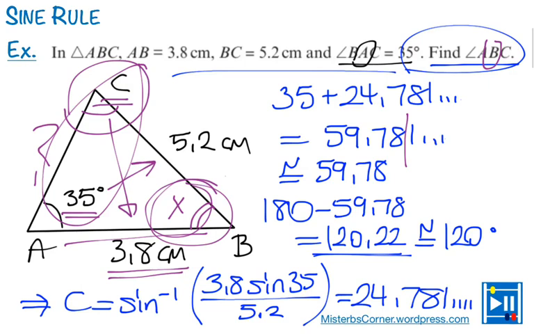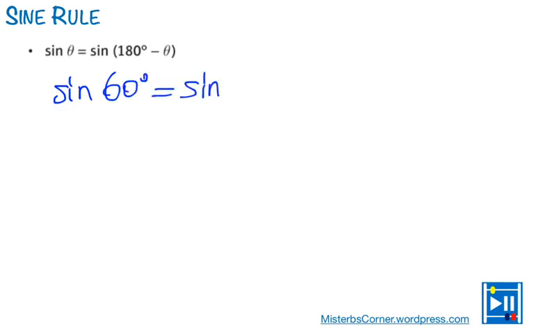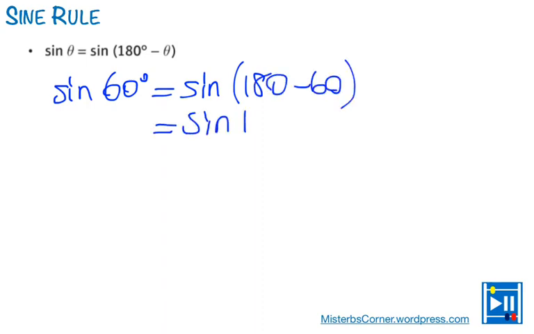Now, there's another point I'd like to mention. Sometimes you may end up with two angles where the sine of these angles gives you the same value, because we have this rule, right? So basically, sine 60 degrees is the same as sine of 180 minus 60, which is sine 120 degrees.